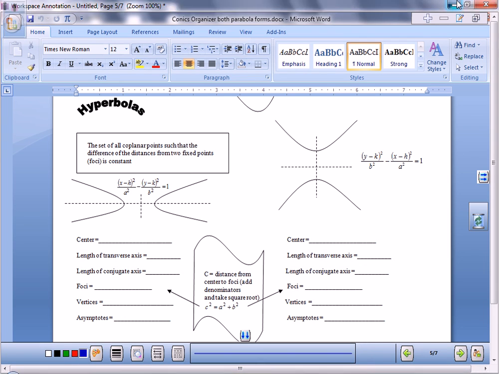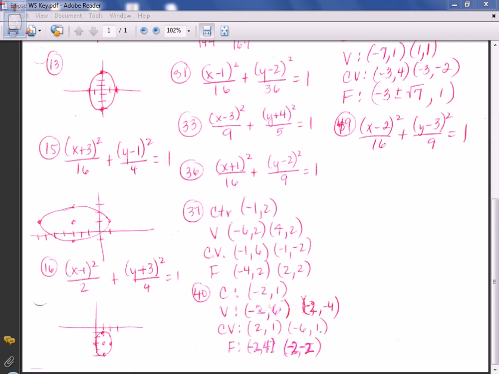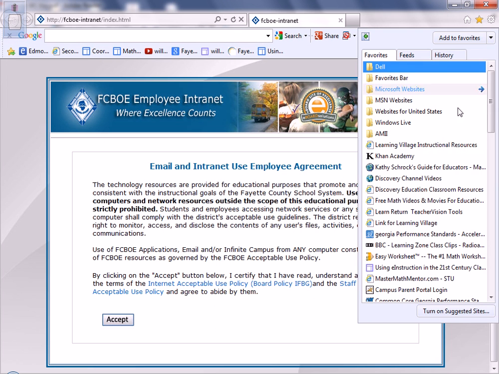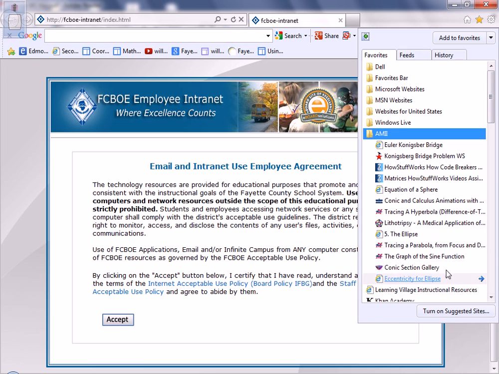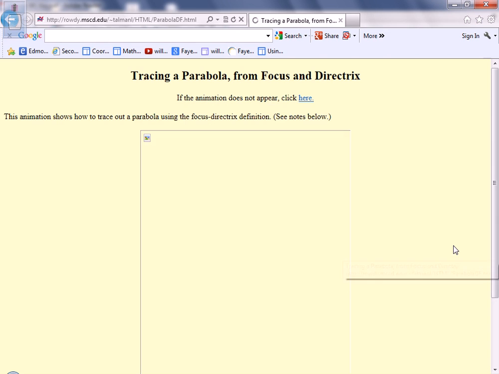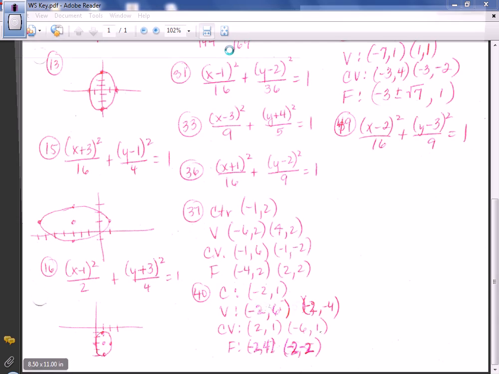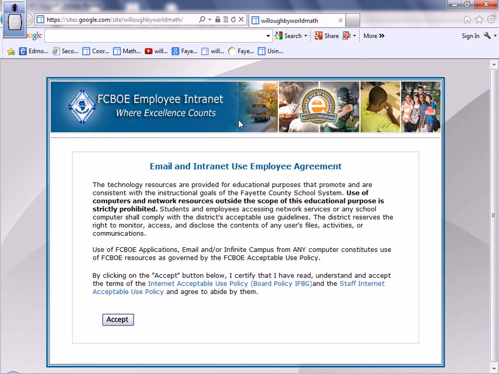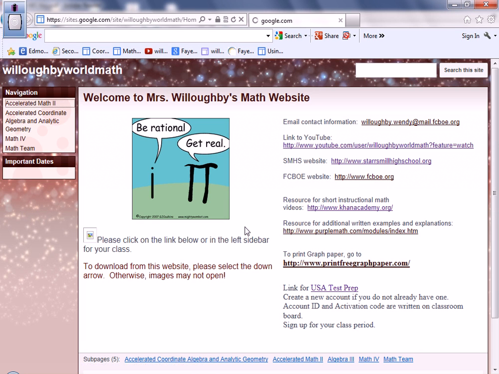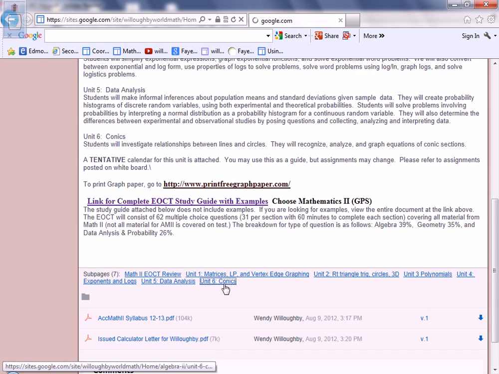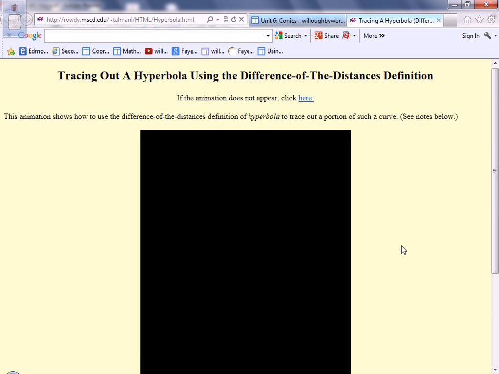So, I thought I had this up. Hold on one second. We're going to look at this. Do you see it? Hyperbola? Nope, that's a parabola. I know I've got it on my website though. Okay, so we're going to trace out the hyperbola using the difference in the distances. Oh, come on, guys.